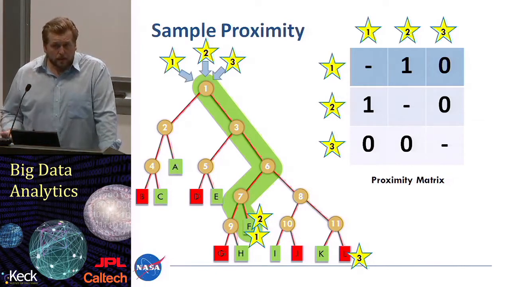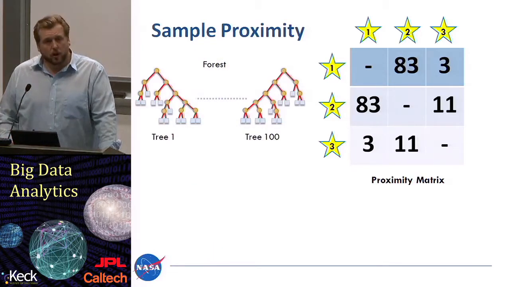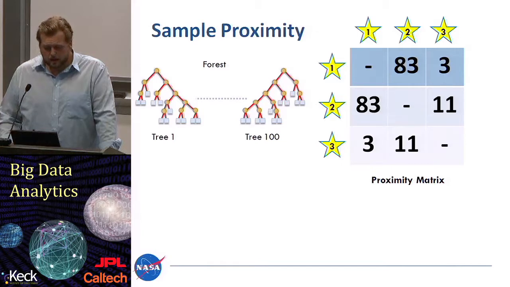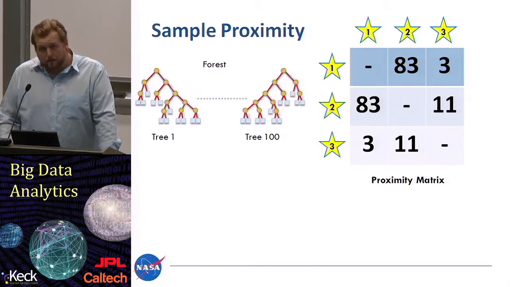So for one tree that's not very exciting, but imagine you have an ensemble of trees, a whole forest, and you do that with every tree in the forest, you come up with a matrix which nicely depicts how similar samples are based on the view of the random forest.